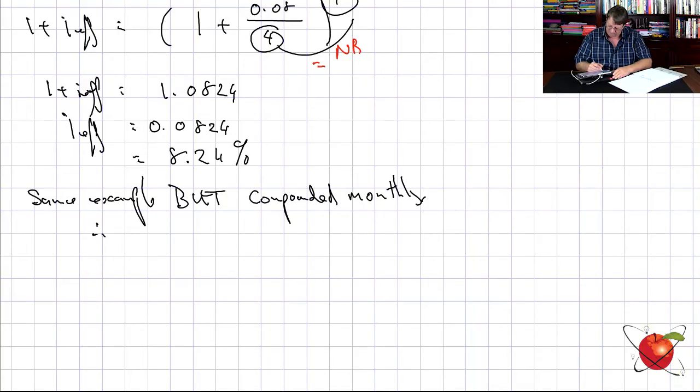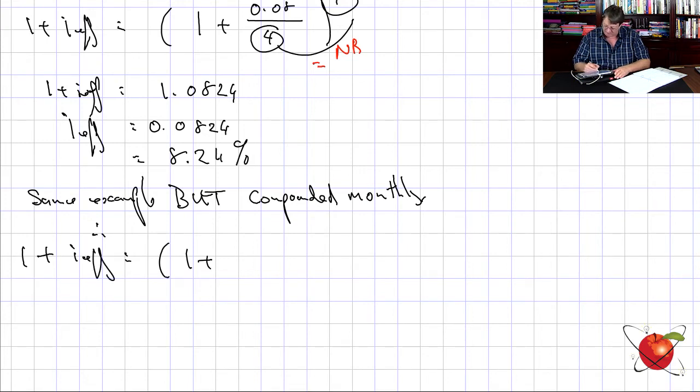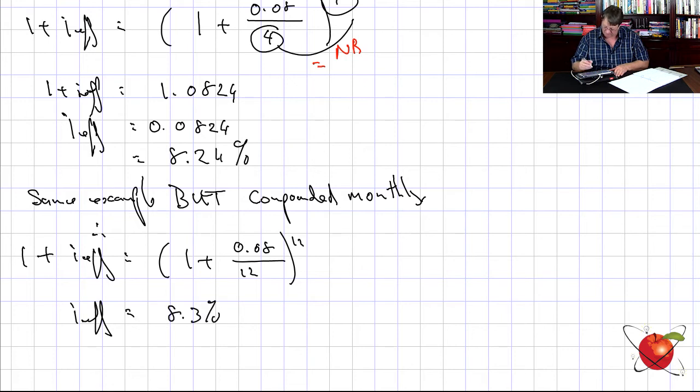It means at the end of every month, I'm adding interest. So how many times? 12 times. Therefore, 1 plus i effective is equal to 1 plus 0.08 over 12, to the power of 12. And you end up with an i effective of, without working it all out, 8.3%. Once again, please note, those are the same.